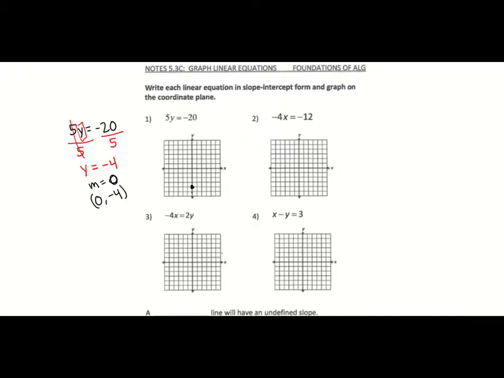If my slope is 0, that means I'm not going up or down at all. I'm staying right on that y equals -4 line. So when I have y equals a number, that is always going to be a horizontal line, and the slope is 0.